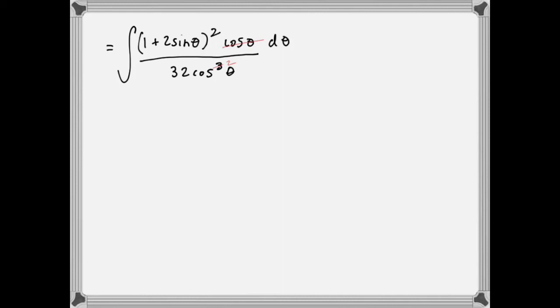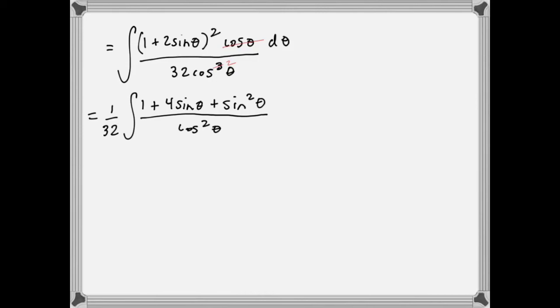And let's go ahead and actually multiply that thing on top, okay? That thing on top is, if I were to square this thing out on top, I get 1 plus 4 sine theta plus 4 sine squared theta. And then on the bottom, so I'm going to pull the 32 out. And then on the bottom, I have cosine squared theta.